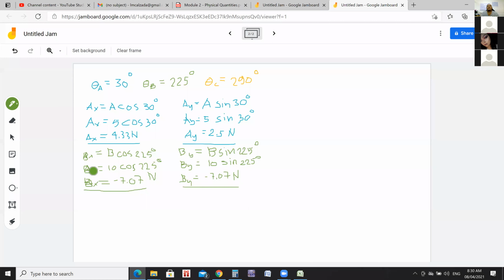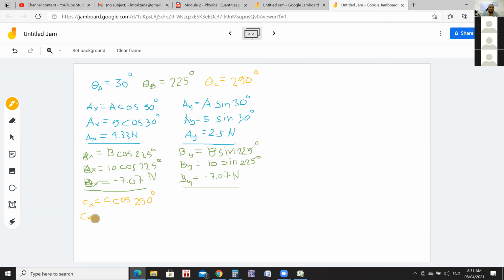Okay. Now let us proceed to the third vector, which is vector C. So we have Cx is equals to C cosine of 290 degrees.